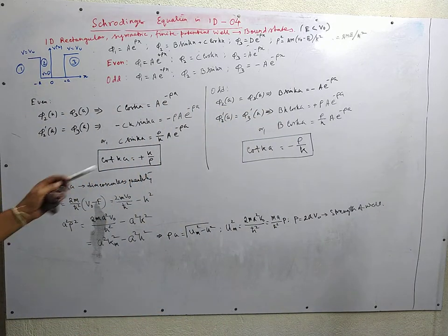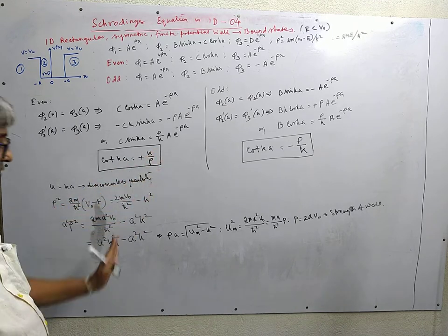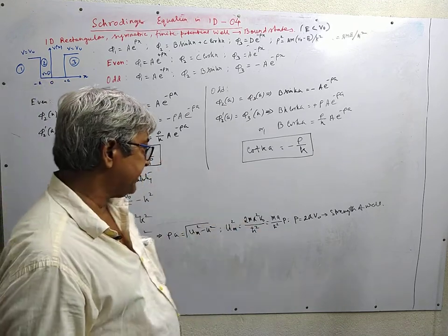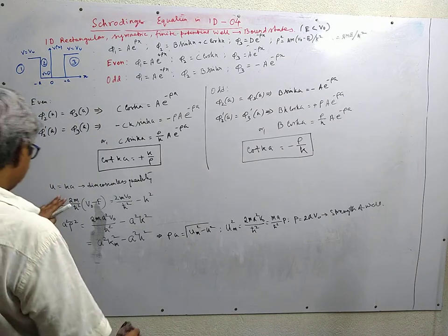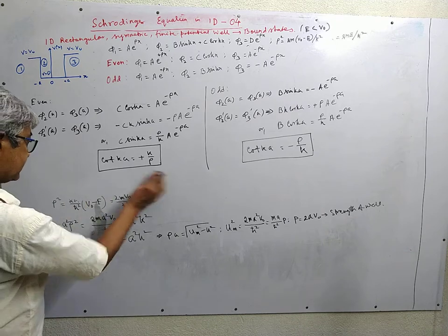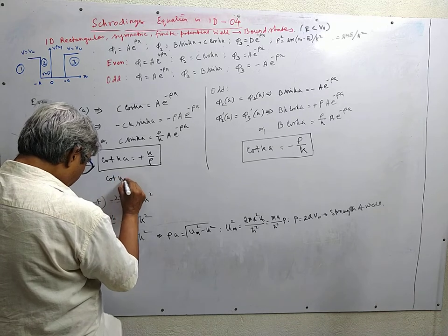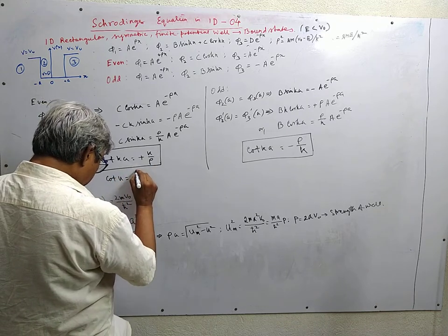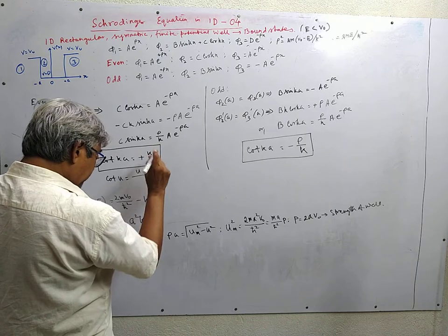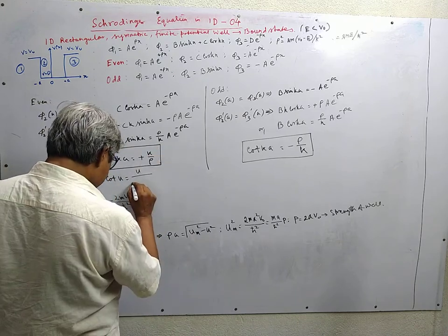So these quantities can be rewritten. Let me say once again, we have switched over from dimensional variables to dimensionless variables. So in terms of the dimensionless variable, u is equal to ka. We write it as cot u is equal to u by, we multiply both the numerator and denominator by a, root of um square minus u square.